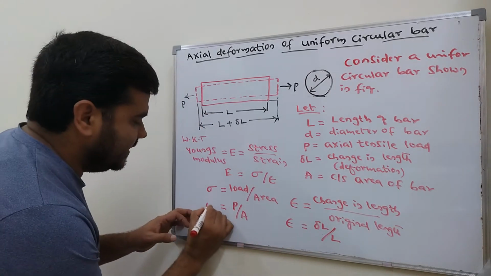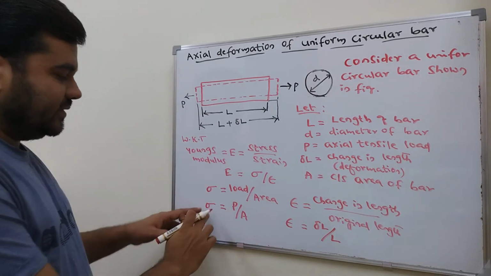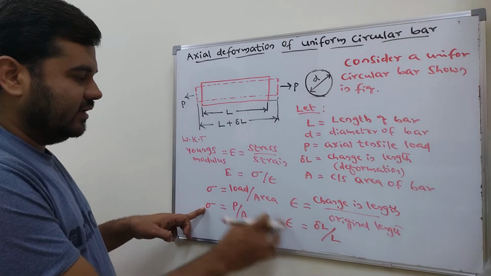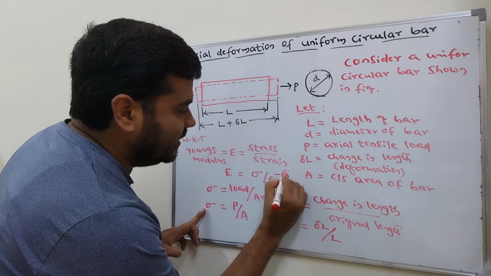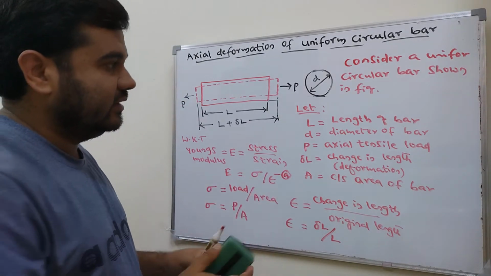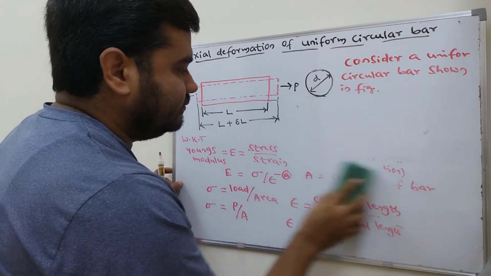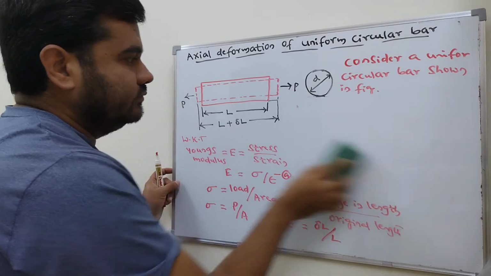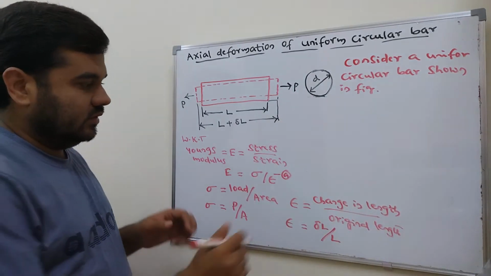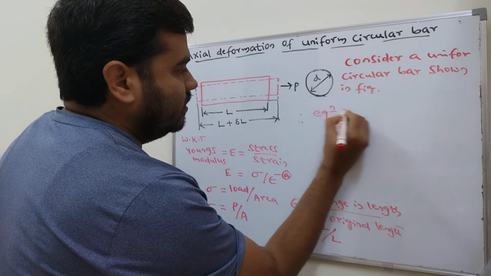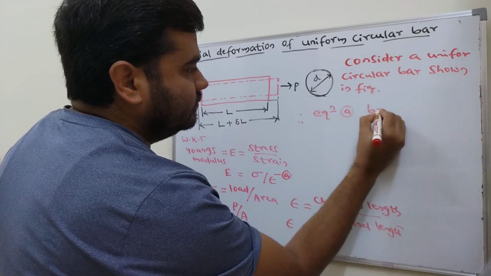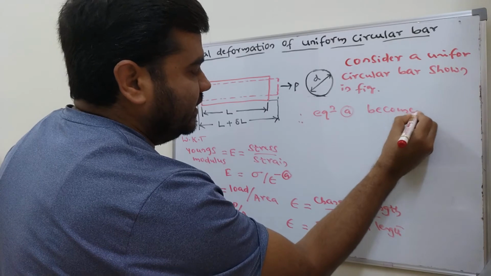This is stress. Now you substitute stress and strain in Young's modulus. This I will call equation A. Therefore, equation A becomes, where is equation A?